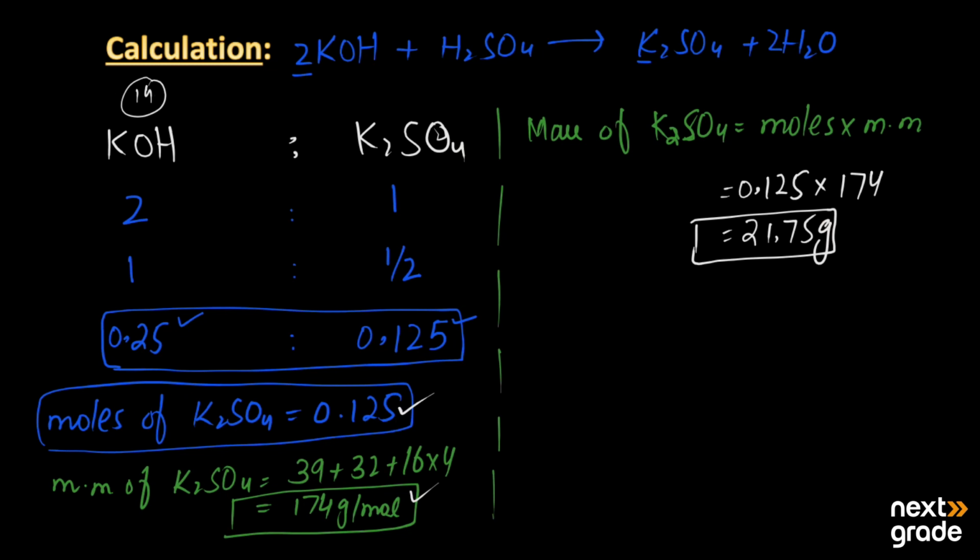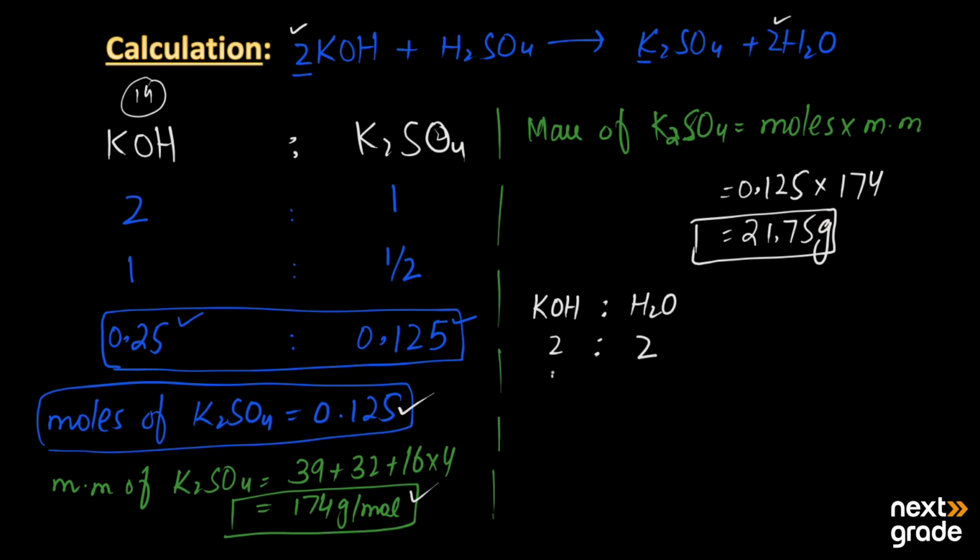Now we have to find the number of water molecules produced, so we will compare the moles of potassium hydroxide to the moles of water. In this equation, 2 moles of potassium hydroxide produce 2 moles of water.